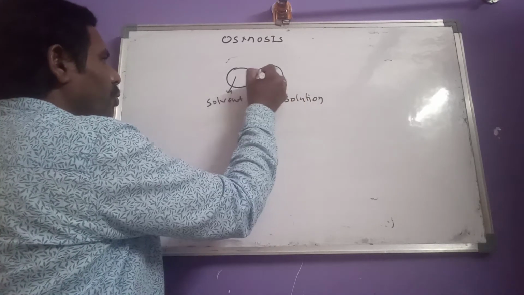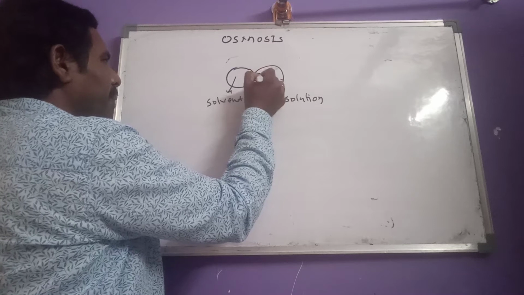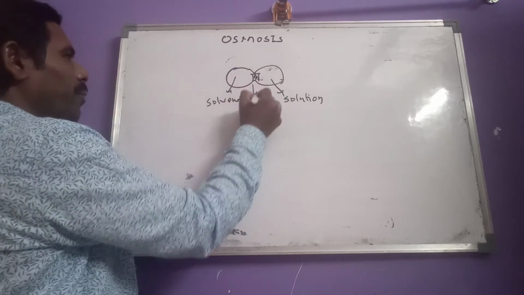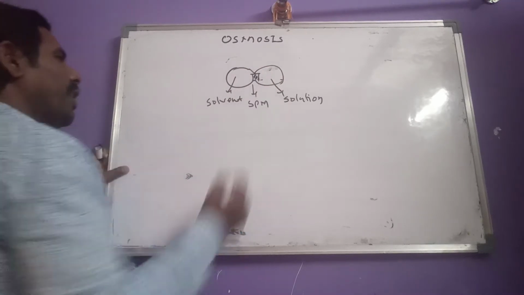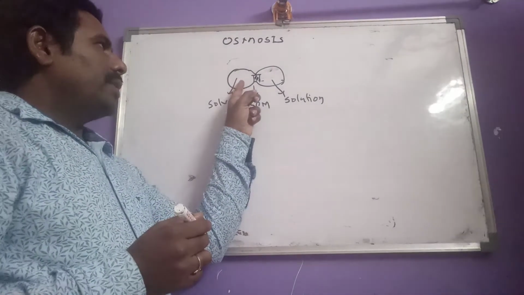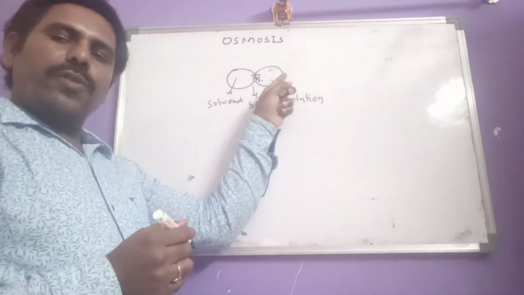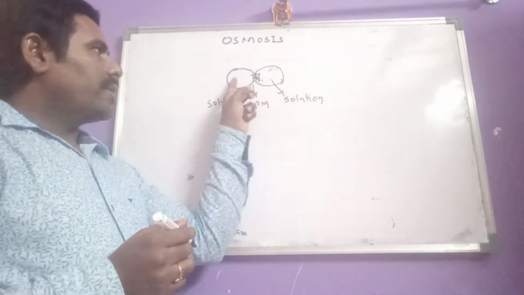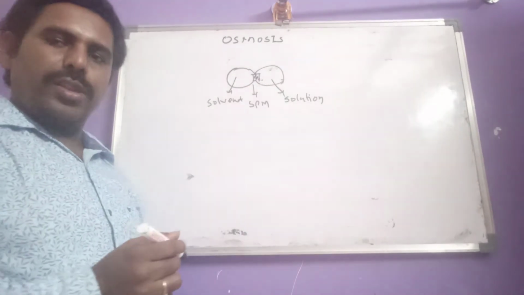If these two are separated by a semi-permeable membrane, what happens now here? The solvent moves into which one here? Solution. Solvent moves into solution.